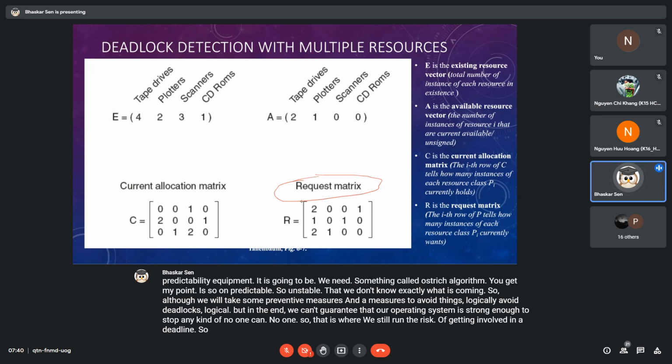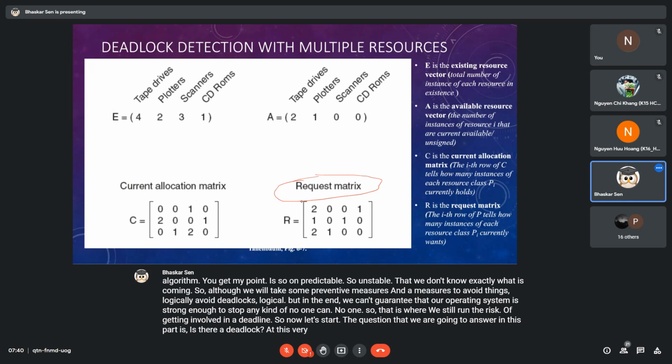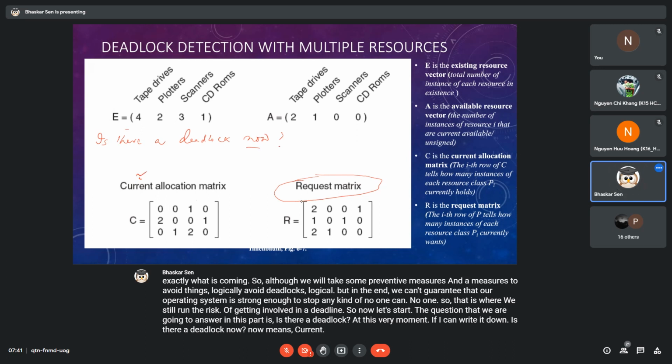So now, let's start. The question that we are going to answer in this part is: is there a deadlock at this very moment? Is there a deadlock now? Now means current, at this very moment, after the last allocation.